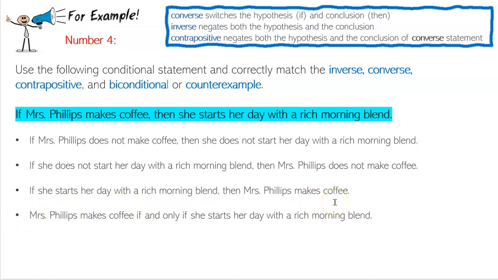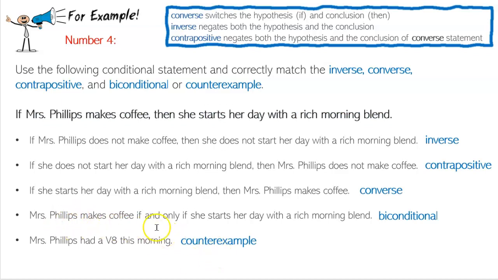Right here. So that's the converse. You can go read through these, the inverse, the contrapositive, and it's also asking for biconditional. Biconditional is this statement right here, if and only if. If you see those words, that is biconditional. Mrs. Phillips makes coffee if and only if she starts her day with a rich morning blend.